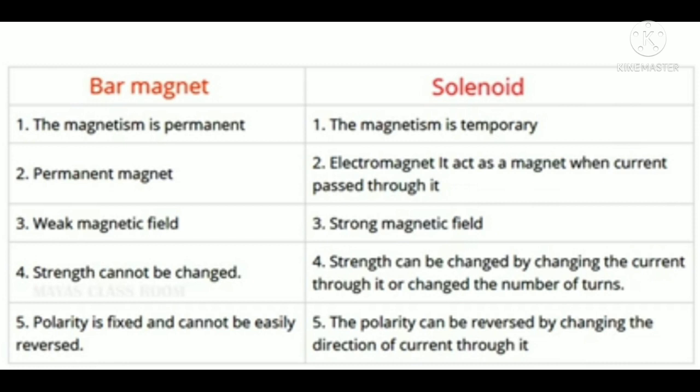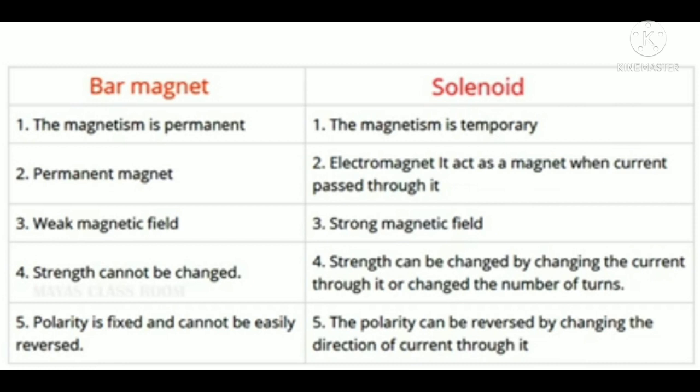In the case of bar magnet, strength cannot be changed. But in the solenoid case, strength can be changed by changing the current through it or changing the number of turns in it. Then in the case of bar magnet, polarity is fixed and cannot be easily reversed.